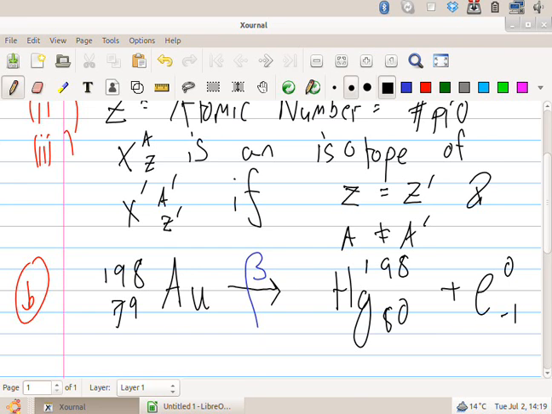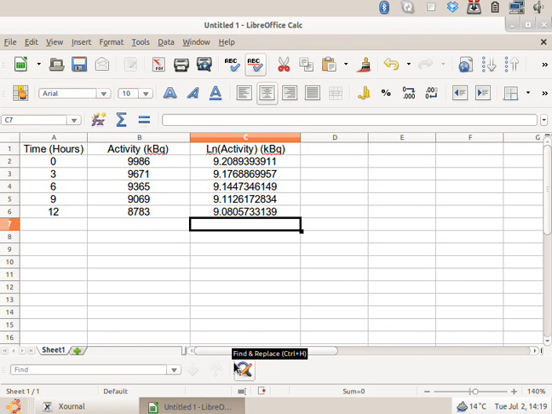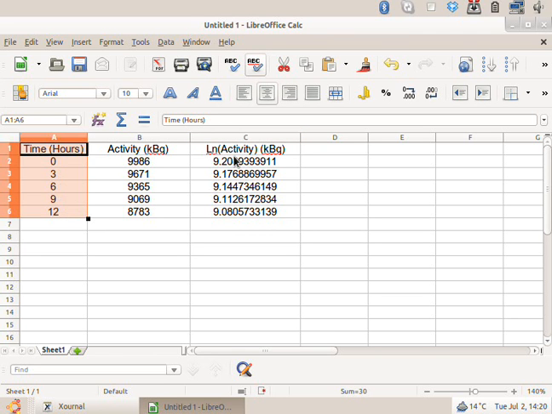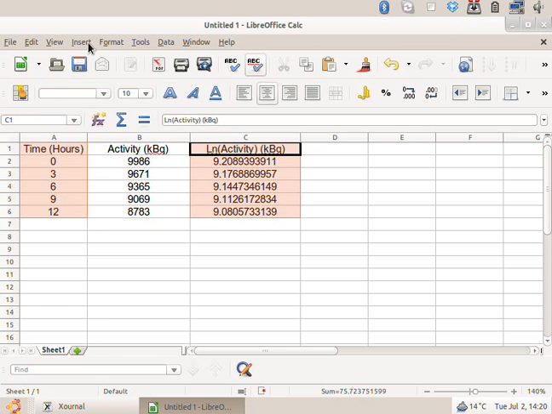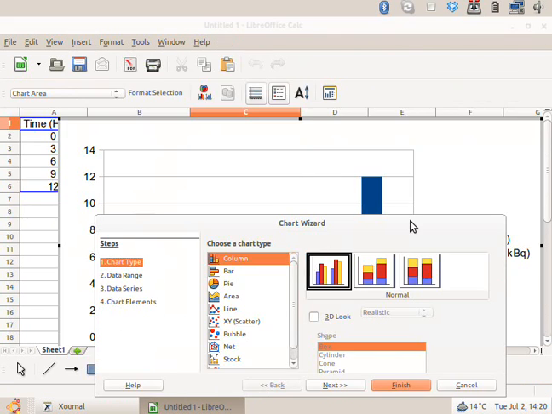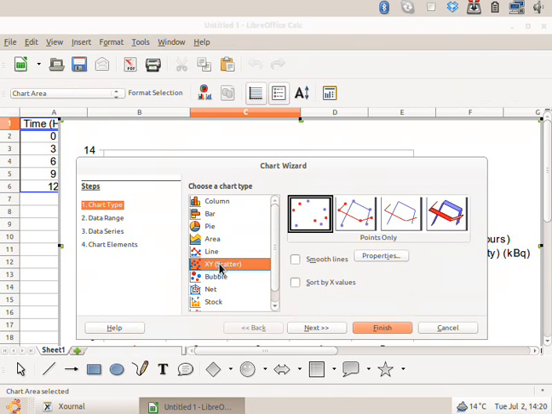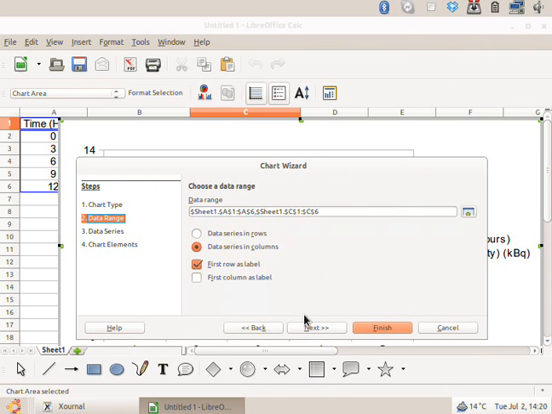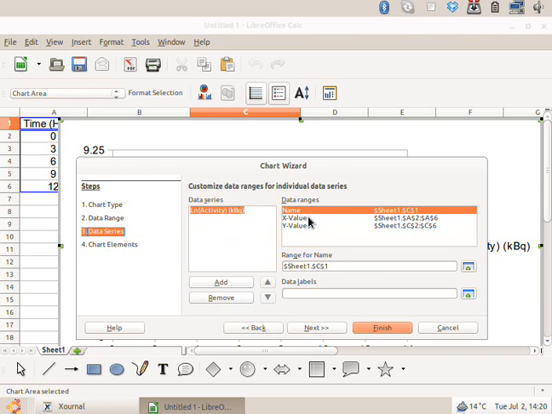So, alright, now back to this one. Copy your table and calculate the log of the activity. That's done. Next one is to calculate the decay constant. Oh, so first I should do my graph. Now he only wants this and this. So insert, chart, scatter, that one, next, next, next.